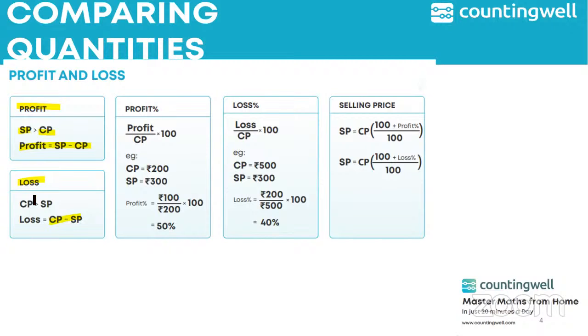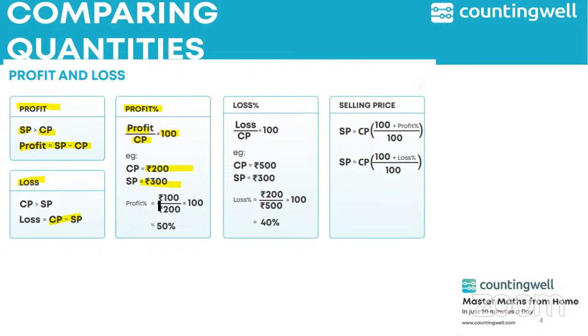Let us see how to find profit percentage. Profit percentage is found by profit divided by cost price into 100. Since we are multiplying by 100, we'll get percentage or percent or per 100. So when the cost price is rupees 200, selling price is rupees 300, obviously we are getting profit here as the selling price is greater than the cost price.